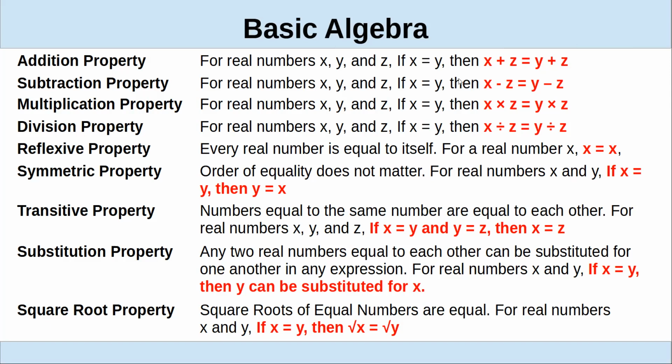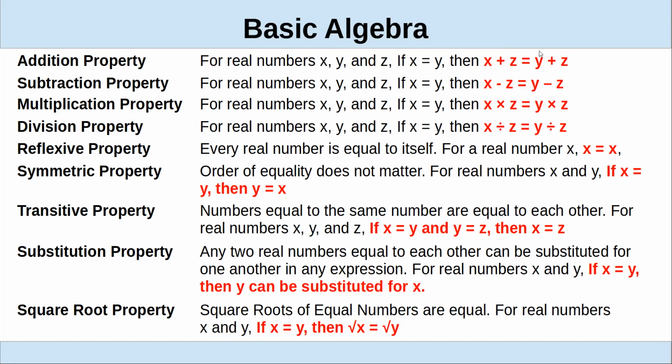Okay, so you got basic addition of letters, variables, so that x plus z is the same as y plus z. Similarly, you can subtract a number from both sides of an equality.